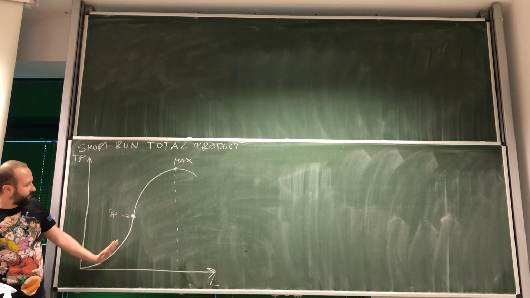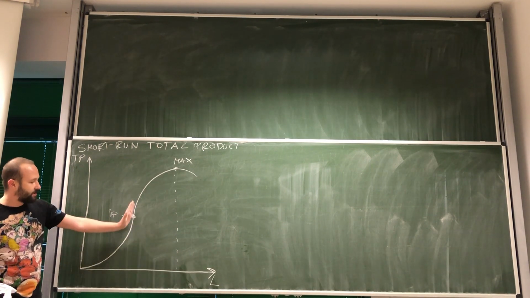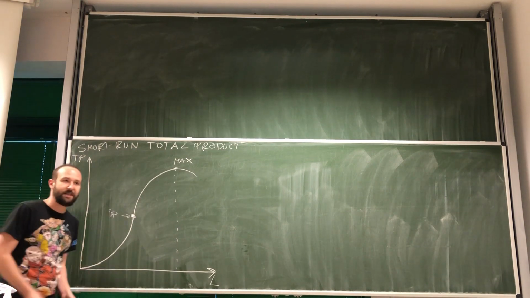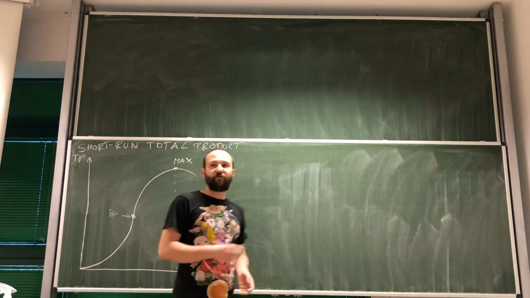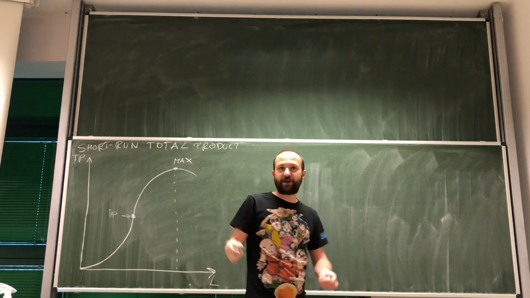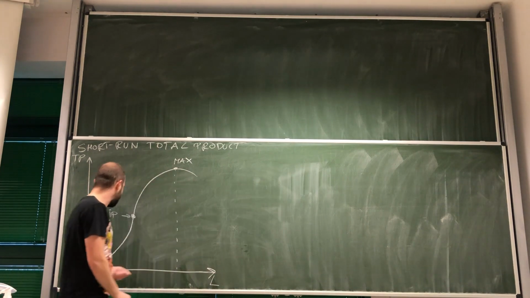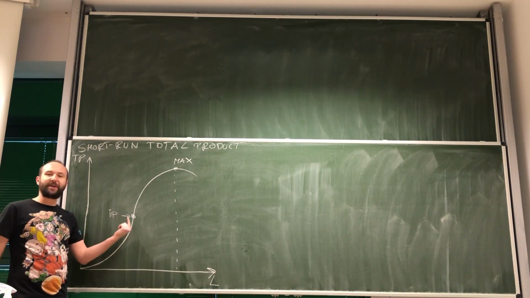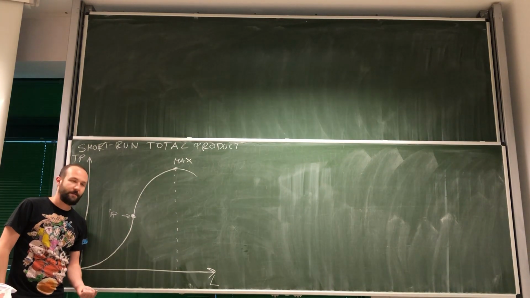You see, this part of the function is convex, right? So at the beginning, when we hire more and more workers, because each worker can specialize, the level of production in the company increases more than proportionally.